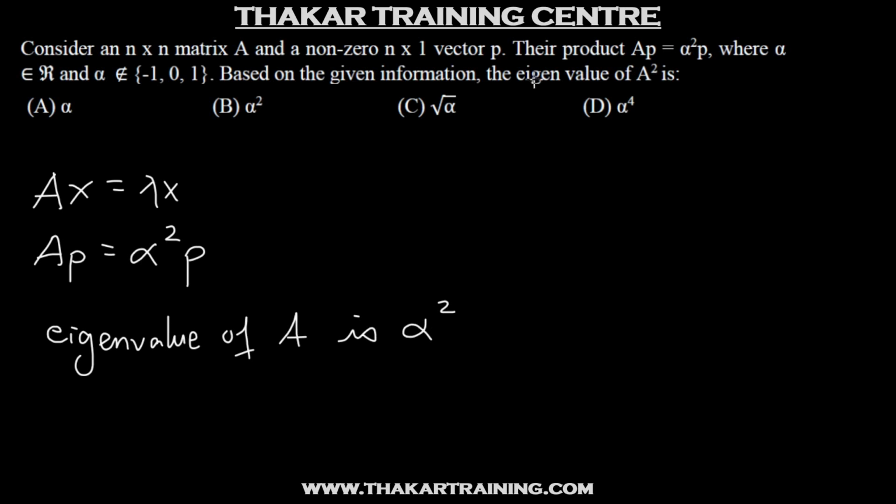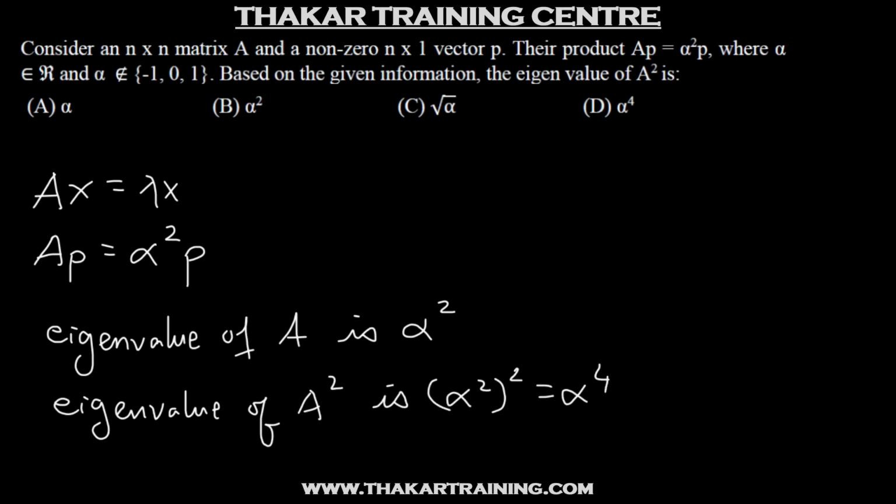Alright, and then we are asked to find out the eigenvalue of A square. So once again comes the property of eigenvalues. The eigenvalue of A square will be alpha square squared, which is alpha raised to 4. So the answer is this. Where is this coming from?